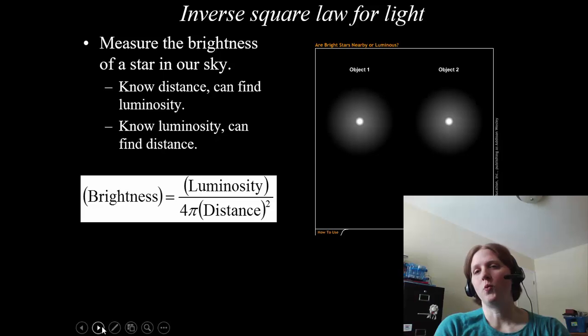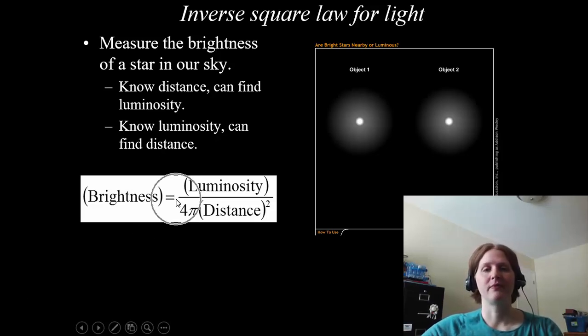So the wattage of a star, the luminosity of a star, is connected to how bright it appears to us just through distance. And so we have an equation for that, and the equation is called the inverse square law for light. And if you like equations, here's the equation. But if you don't like equations, we'll go through the words.